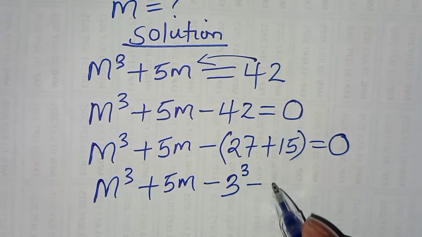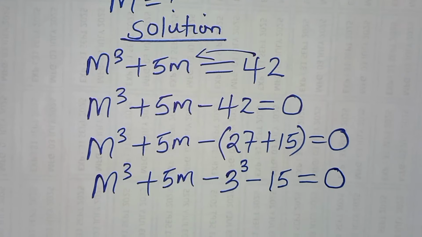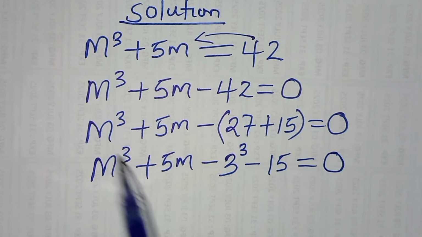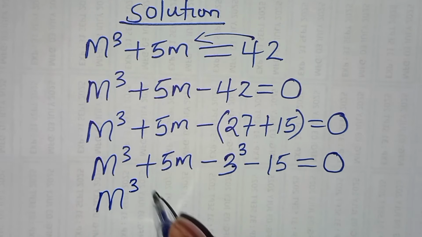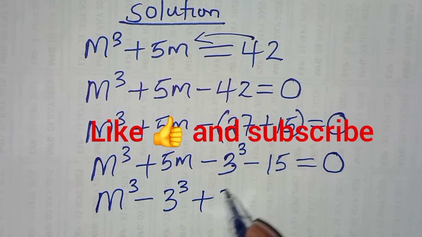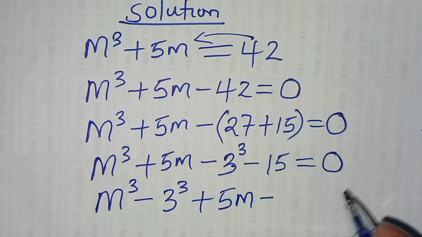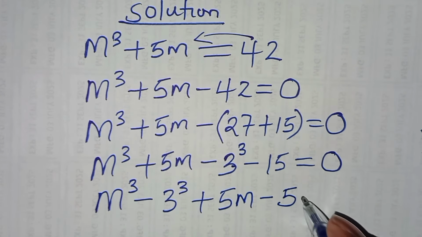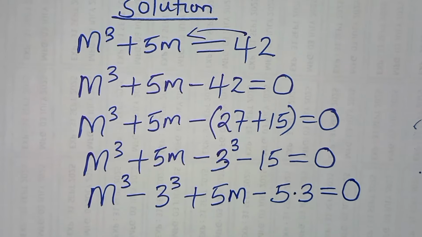Subtract 15. This is equal to 0. Now we have m to the power 3 and 3 to the power 3. So we can write this as m to the power 3 subtract 3 to the power 3 plus 5m subtract 15. We can express 15 as 5 multiplied by 3. This is equal to 0.